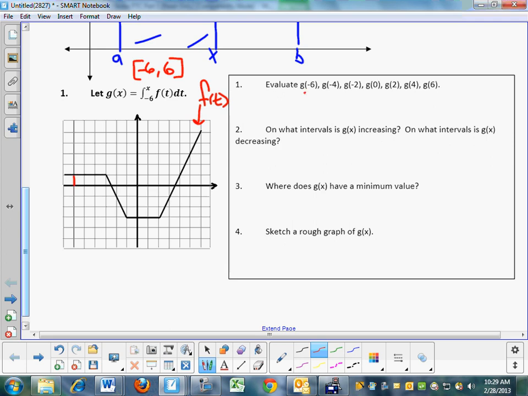Nothing. Now I'm going to find the area bounded between the function and the x-axis from -6 to -4. Very good. 2.